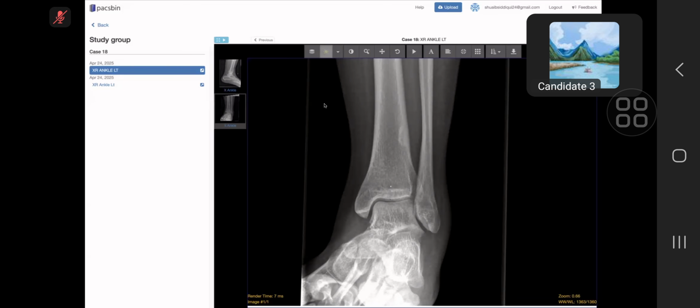I would like to compare the prior record for this. In the medial talar region, there is a lucency extending into the adjacent bone. There is no evidence of break in the continuity of the bone, and the soft tissue is normal. The rest of the bones are normal. I would like to see it in any other orthogonal view, if available.